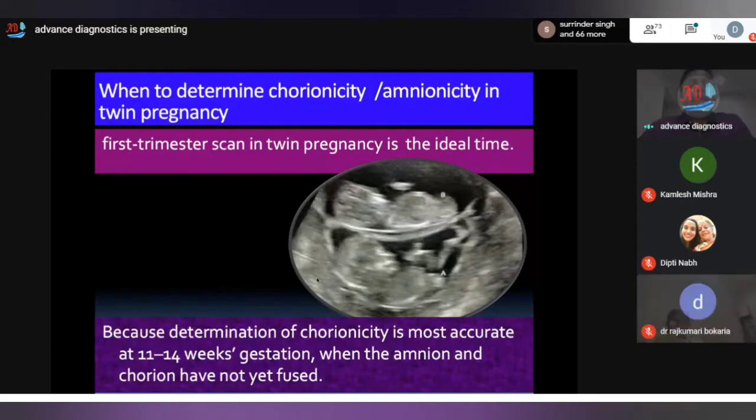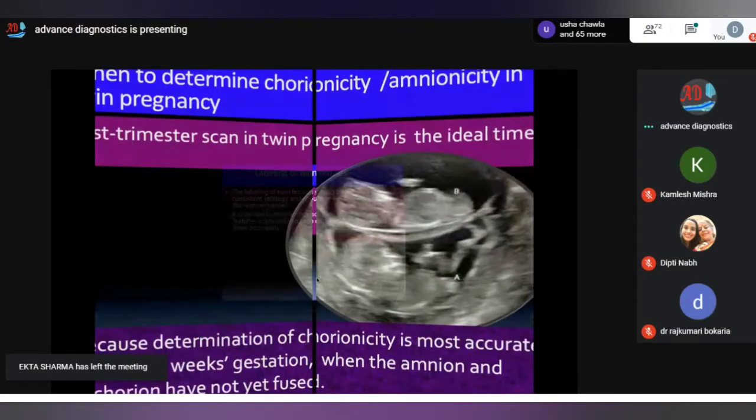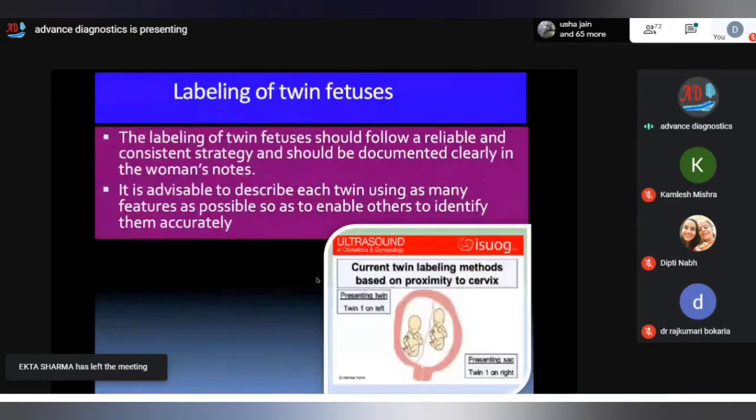So after 14 weeks, amnion and chorion fuse. At that time, it is difficult. How to label it, because many people write it like the right one or left one.